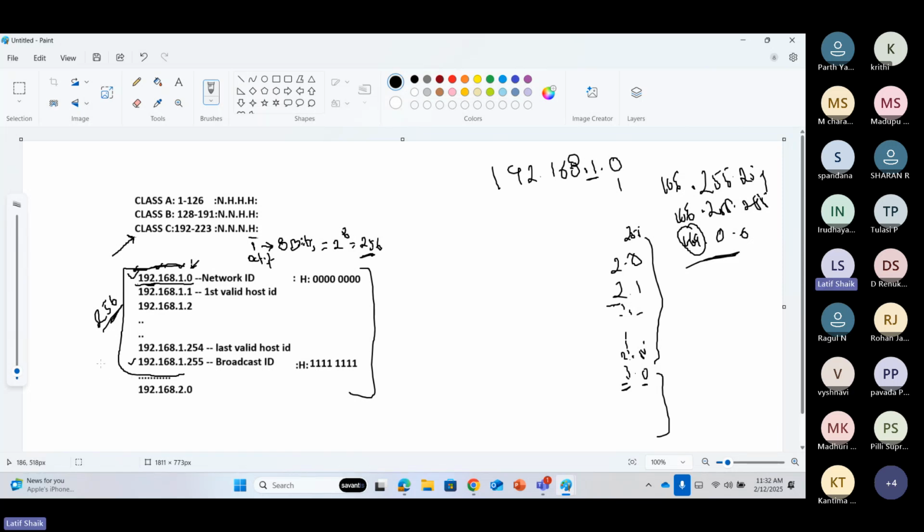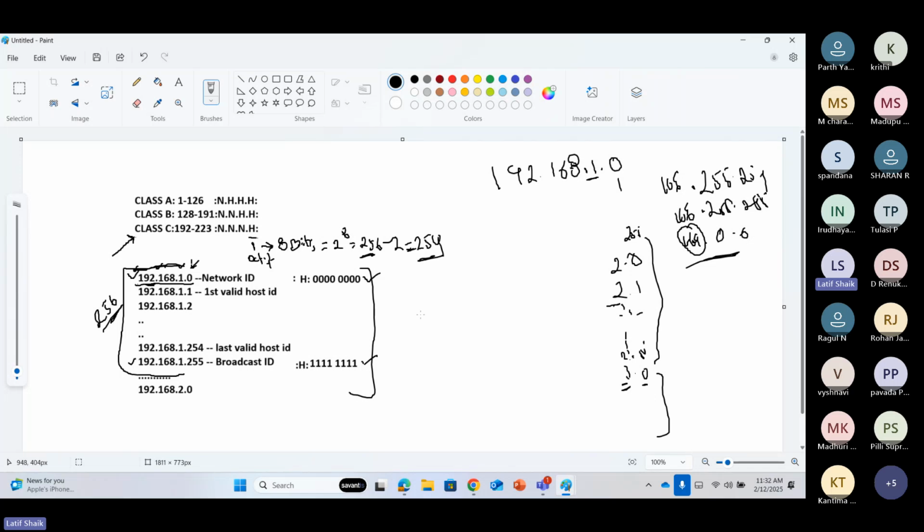Out of that, 2 IP addresses we can't assign to devices. So how many IP addresses can we assign? Minus 2, it means 254 devices we can assign IP addresses to.